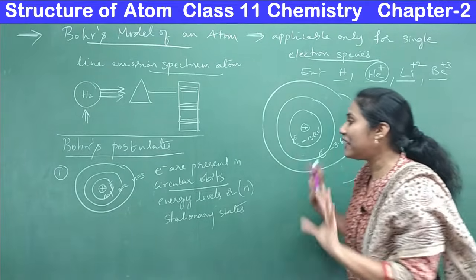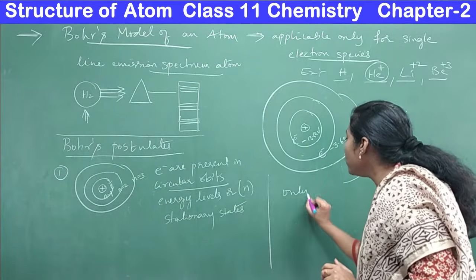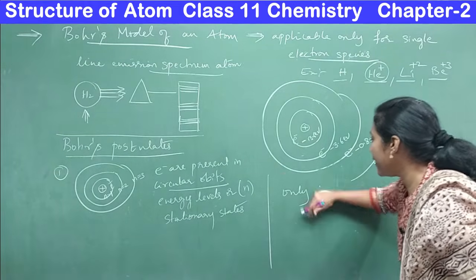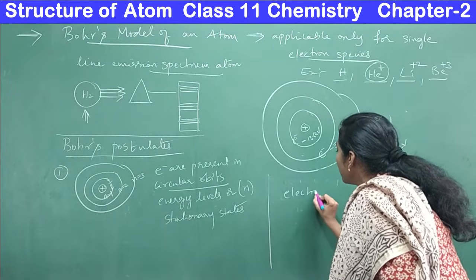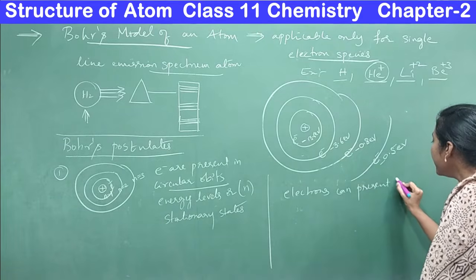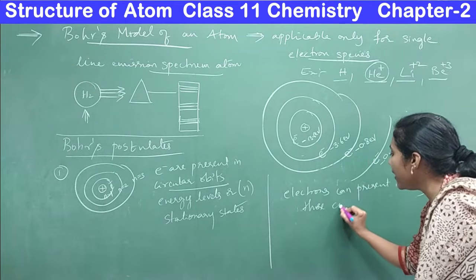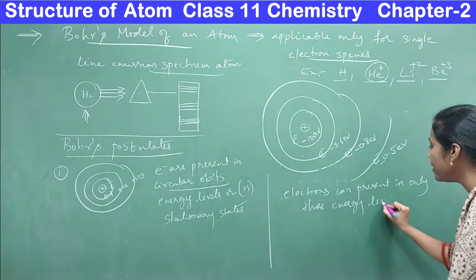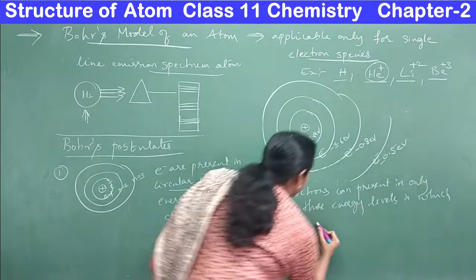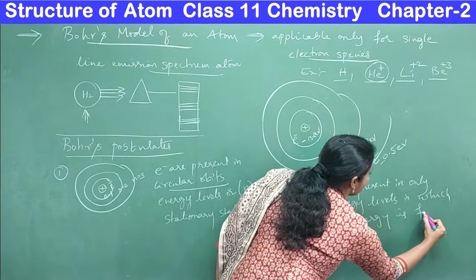Right? So I will write one important point here. Only those energy levels, or I can write this way, electrons can be present in only those energy levels in which its energy is fixed.